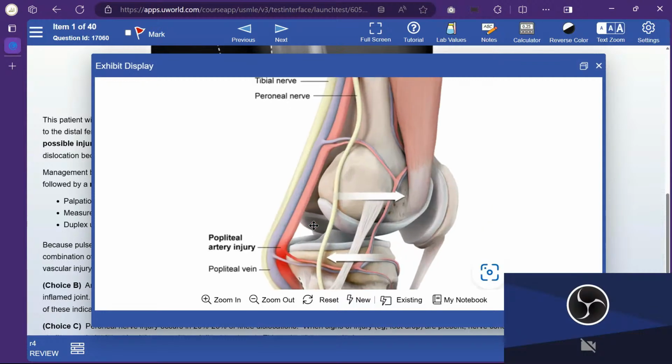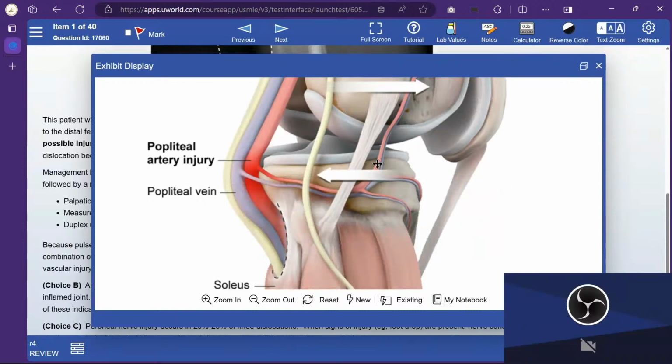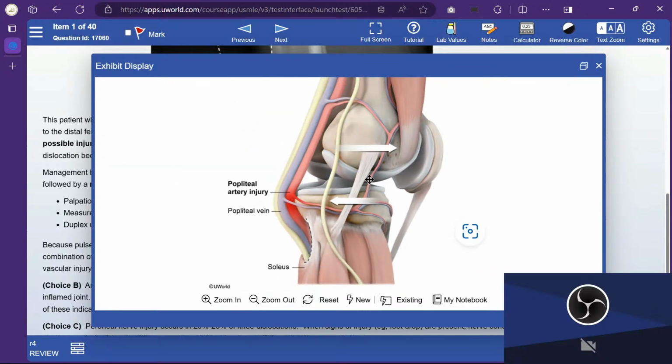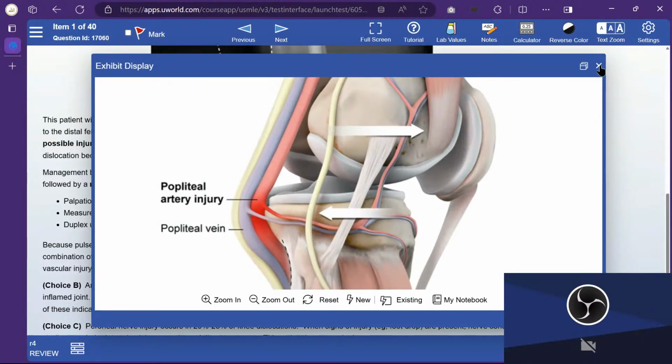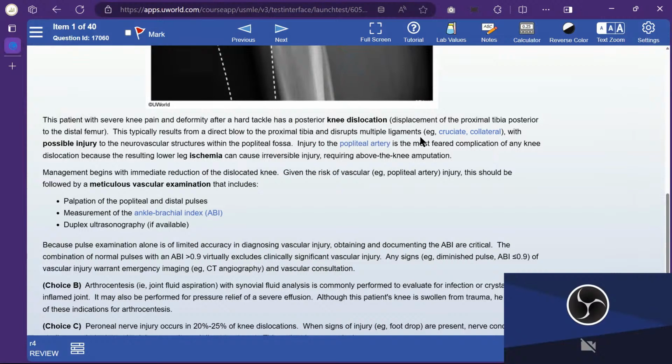This is the popliteal artery, and in this dislocation, displacement of the tibia may cause injury to this popliteal artery. So here you should palpate the popliteal and distal pulses and measure the ankle brachial index.